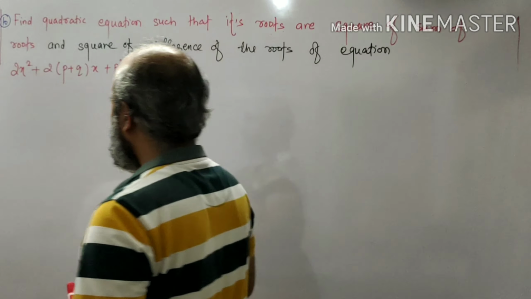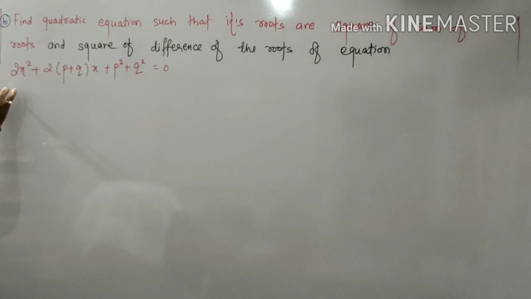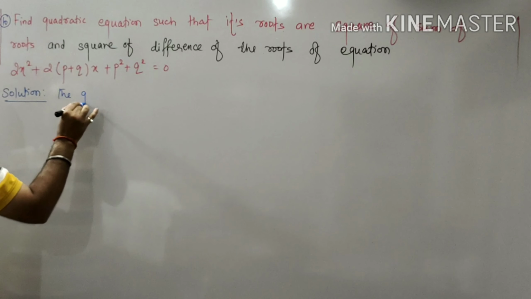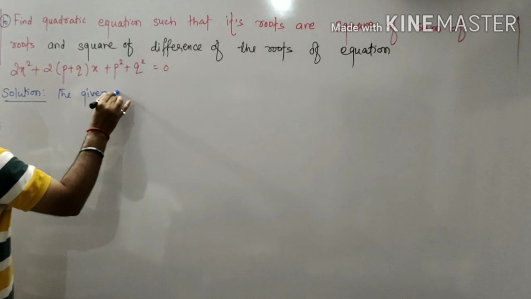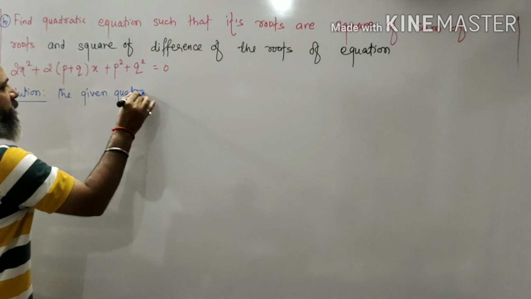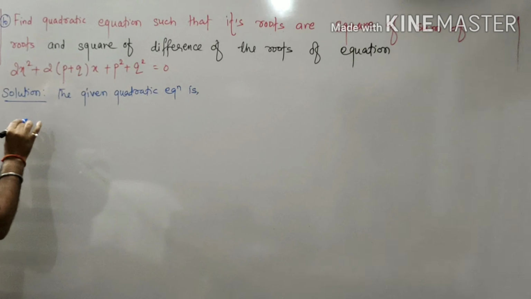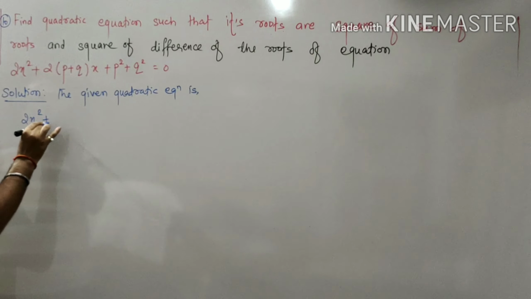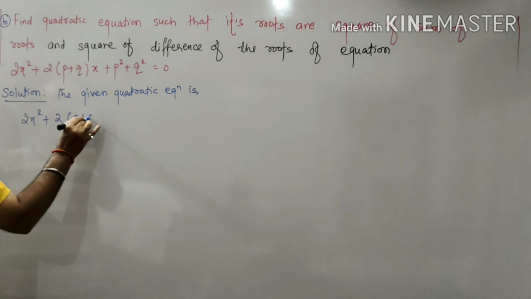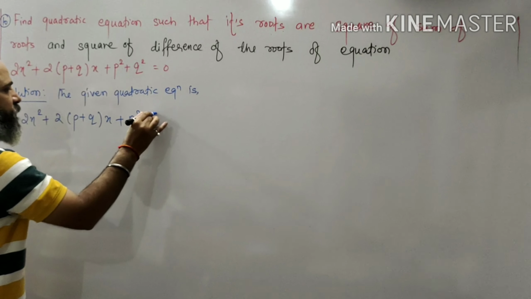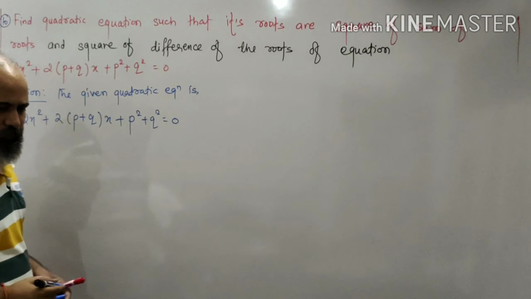Now the solution will start. The given quadratic equation is 2x square plus 2(p plus q) into x plus p square plus q square, and this is equal to 0.